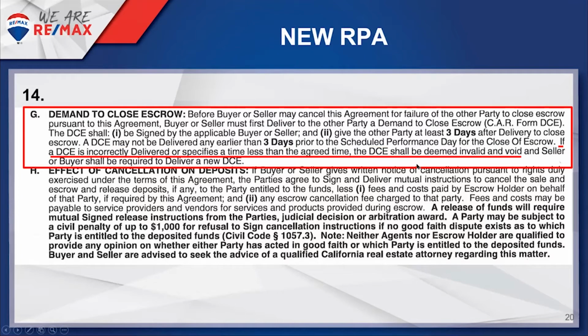An incorrectly delivered DCE, or one that specifies a time frame less than the agreed to time frame, is invalid and void, and they would have to give you a new one. So those two changes in paragraphs E and G are very, very good. I'm very pleased to see they put that in there.